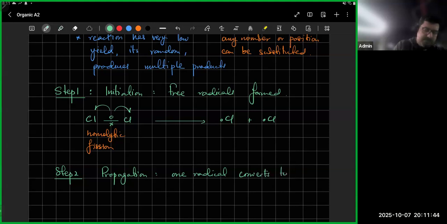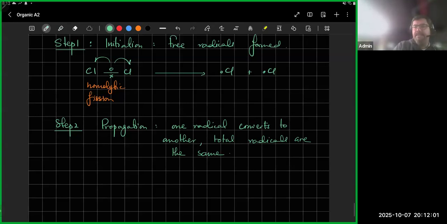Total radicals, they remain the same. अच्छा, तो propagation में what happens is that you've got C2H6 that gets attacked by the Cl radicals because they want to complete their bonds.